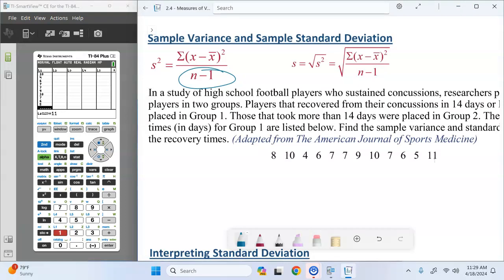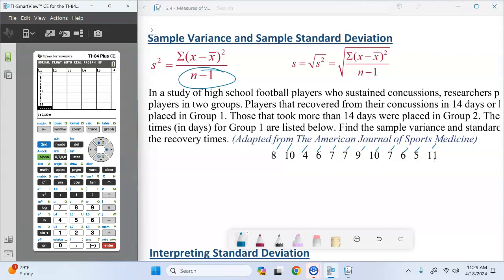So this says for list 1, data point number 12 is an 11, and I want to make sure 1, 2, 3, 4, 5, 6, 7, 8, 9, 10, 11, 12, I have the correct number of data points. That way, you check to make sure you put in hopefully the right number of numbers. Whether they're the right numbers, I would go back and double check. But data point number 12 is an 11. I hit enter. Data point 13, I'm going to leave blank.